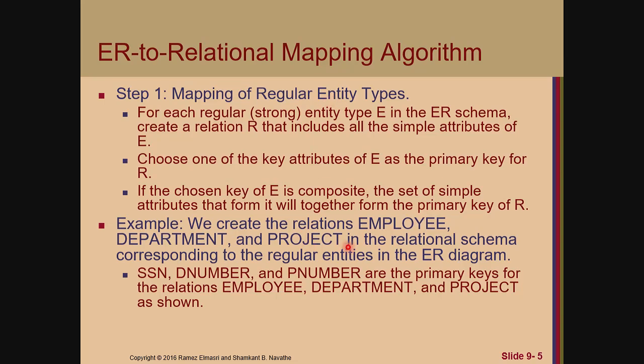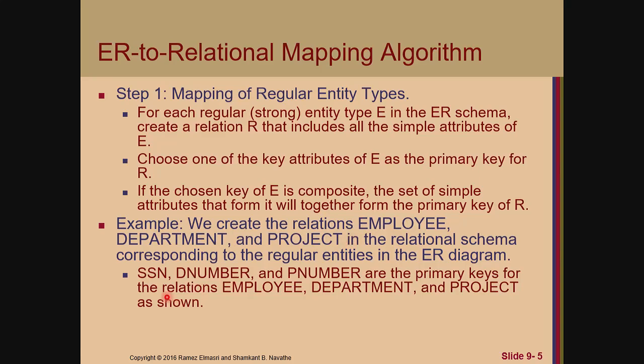For example, we create relation employee. Actually, the employee entity is a strong entity, and also department and project. All of them are strong entities, so we can transform them directly to the relational table.